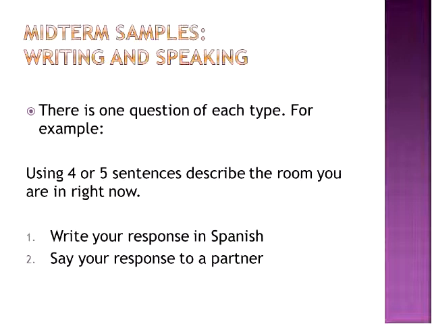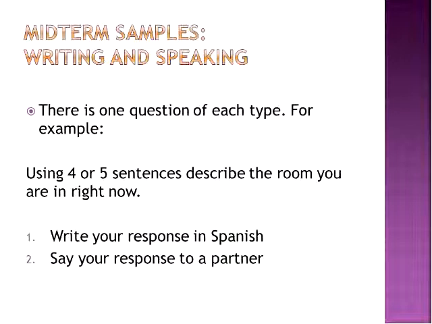Well, I'm going to hold off about 3 minutes and have you write down, say this was the written one, your response. Write me 4 or 5 sentences describing something that you see around you. The sentences can be basic. You could just say, I see a chalkboard.